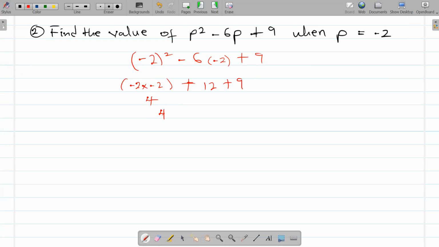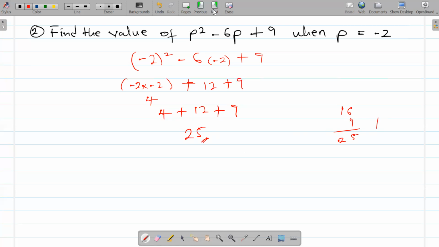You get 4 plus 12 plus 9. 4 plus 12 is 16. So 16 plus 9, sorry, 25.